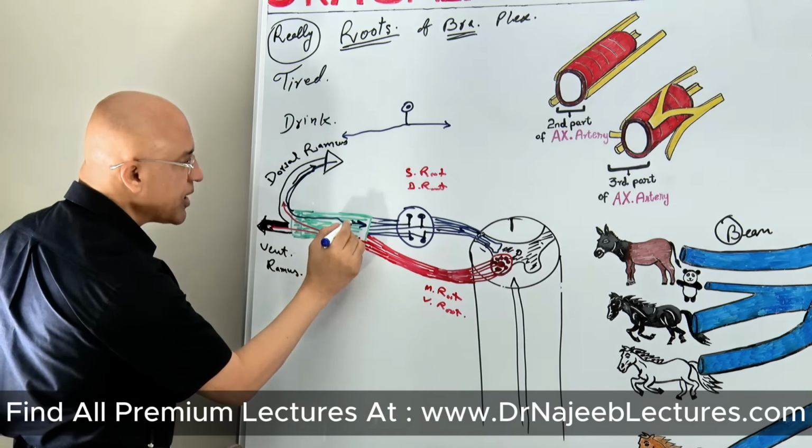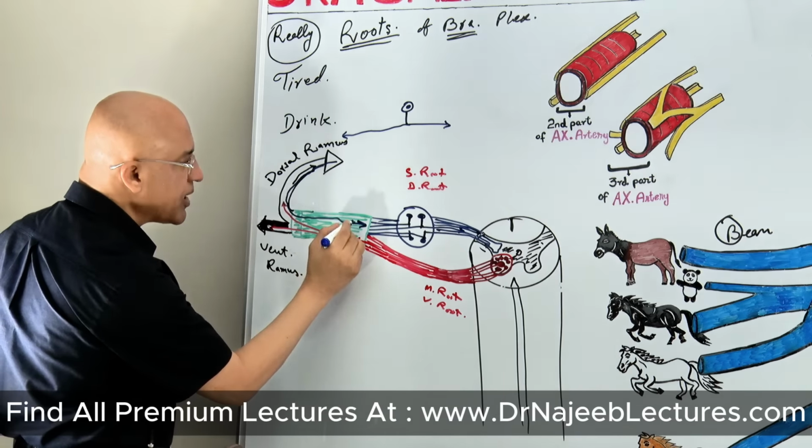Now, these mixed fibers are going into the ventral ramus, right? These ventral rami, at C5 level or 6 or 7 or 8 level, also receive autonomic post-ganglionic sympathetic fibers, right?